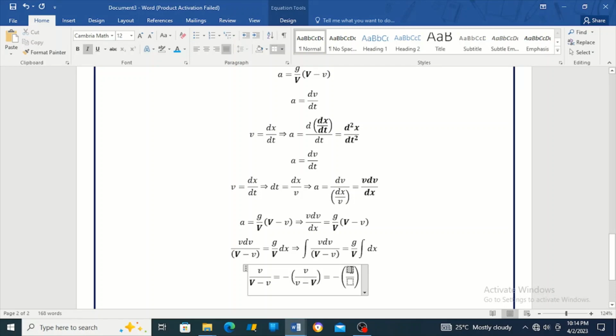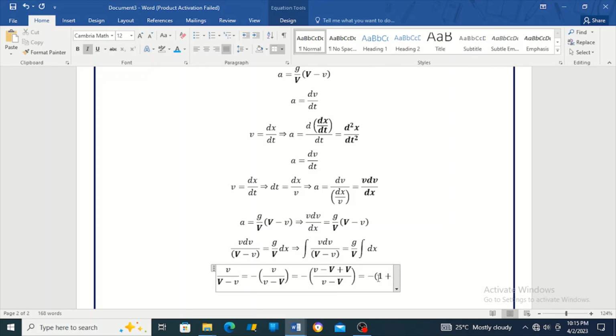I'm going to write my denominator first, which is v minus capital V, and then for me to have v minus capital V equal to small v, I need to add capital V as well, because capital V minus itself plus itself is 0. Then I divide by v minus capital V. Now this quantity divided by this quantity will give me 1.